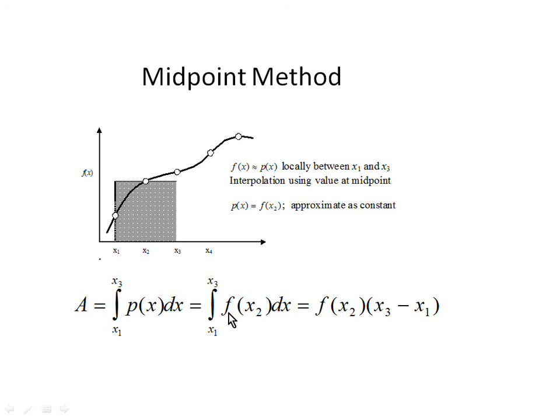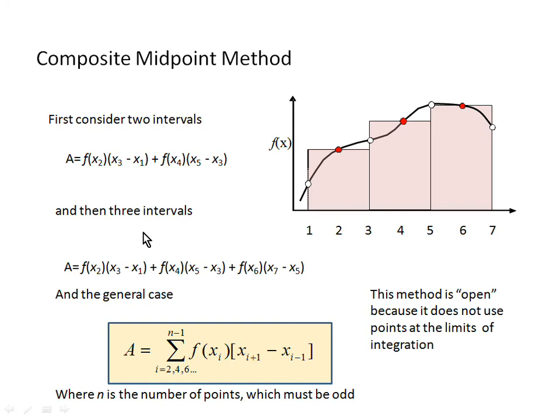And so since the approximate function is just simply the function at x2, we can substitute that in there, and we can then do this integral, and we get this result. So the area under the curve is just x3 minus x1, which is that width, times f at x2, which is that height. So we get the area under the curve as this rectangle. That's fairly straightforward. Okay, so to use this, we have to extend it to what's called the composite method.